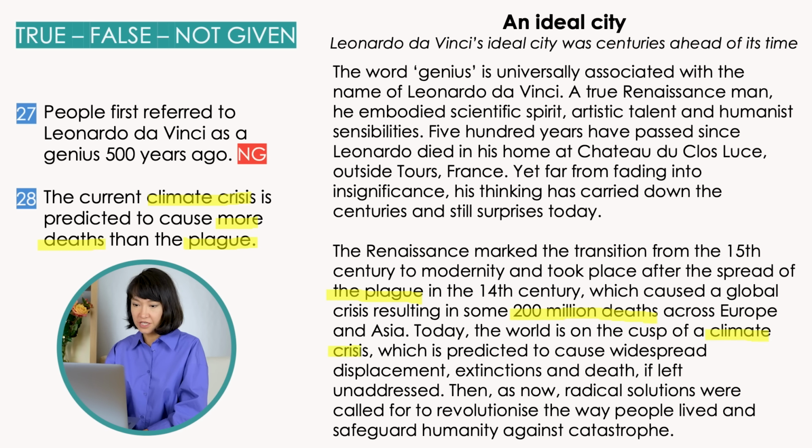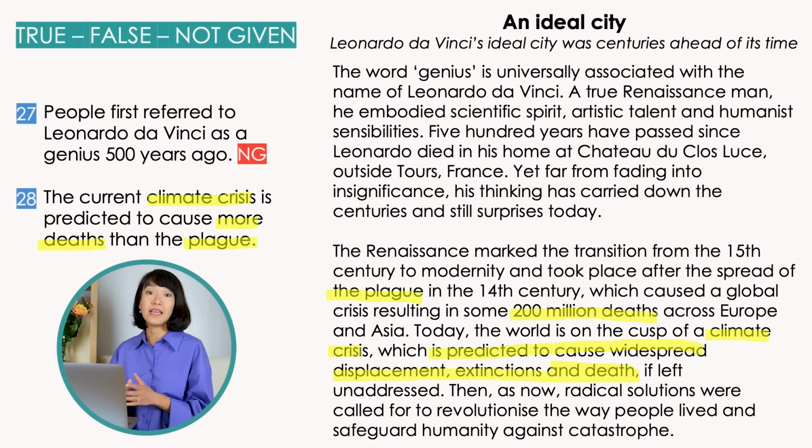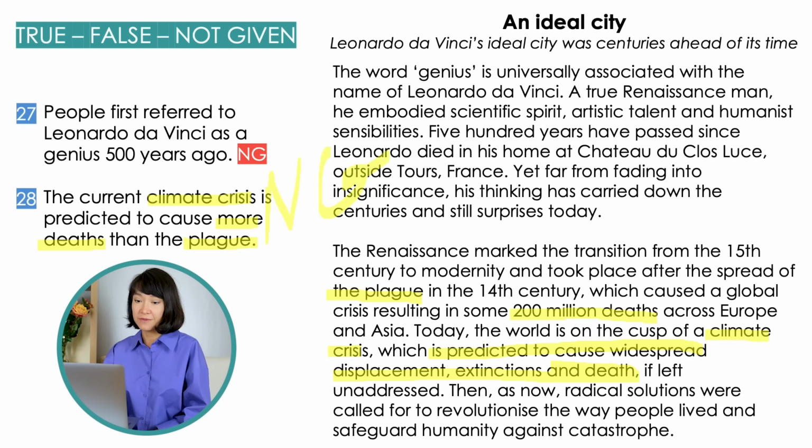So it's predicted to cause widespread displacement, extinctions, and death. How many? We don't know. So we can't say if this number is likely to be larger or smaller than the plague. Again, the answer is not given. So both answers were not given.